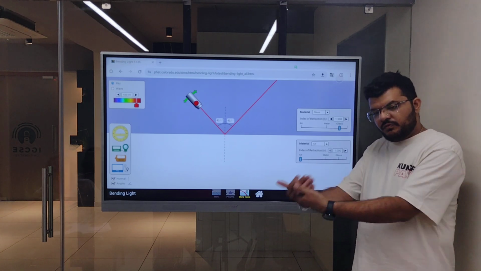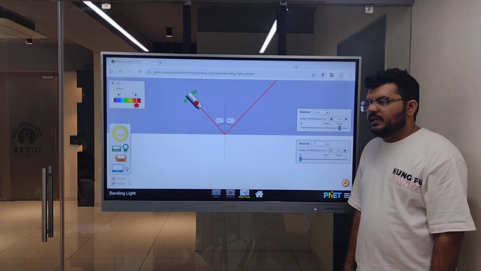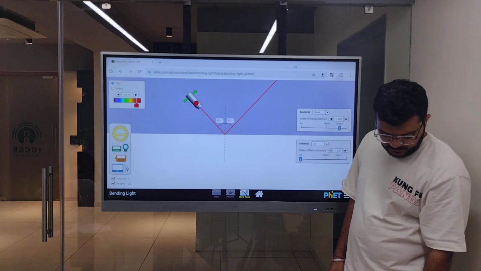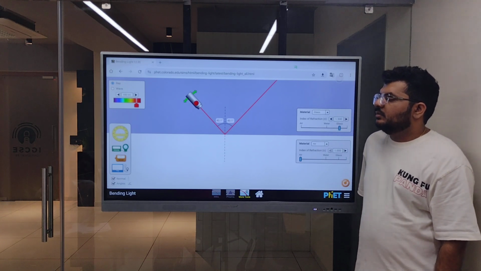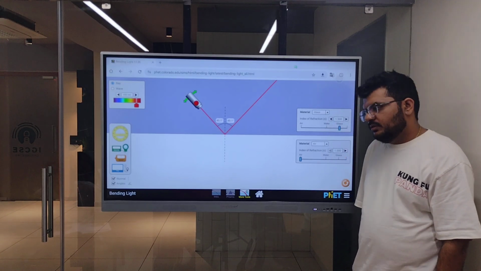The light reflects back into the denser medium. This is known as total internal reflection.